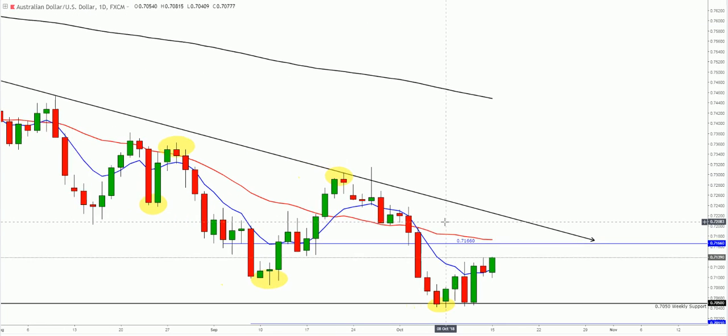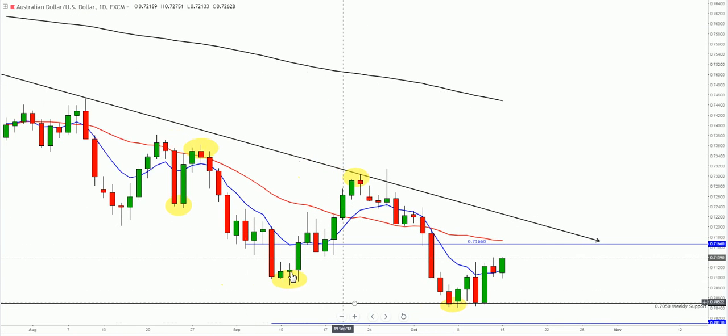Taking it down to the daily time frame, you can see lower lows, lower highs here, formed this lower low, bottomed out, and then last week we were brought just back above the exponential moving average. Following this, we saw a spinning top candle, which would suggest indecision, and you may have expected price to fall back down towards this weekly support following that.